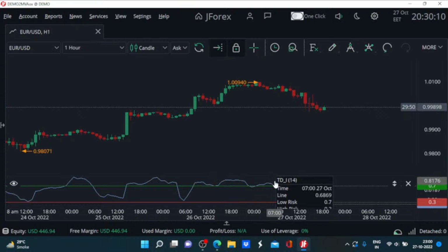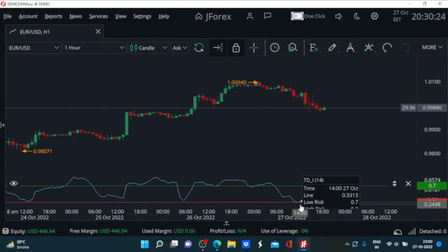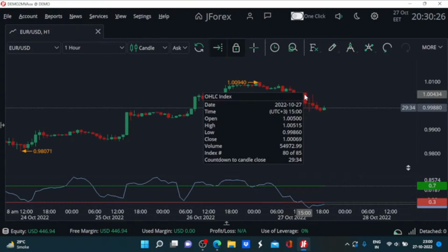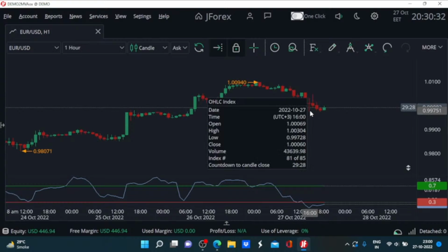But then by the time the European session started, we had this waning of the bullish momentum, and it consolidated in this range for a couple of hours. After the start of the US session we saw the bearish momentum picking up strength, and a strong decline of around 50 to 60 pips took place in a very short span of time of around 2 hours.